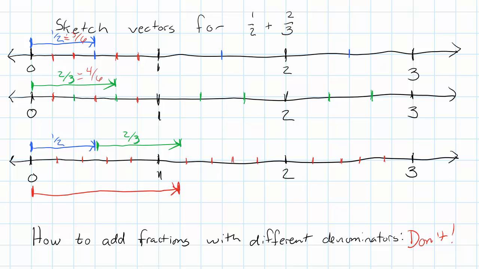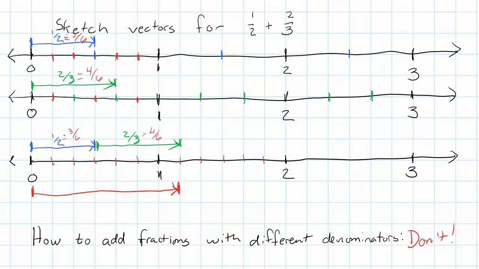On my bottom number line here, I'm going to divide my units not into 5 equal parts, but into 6 equal parts. And then I see that my result vector here corresponds to, counting them out, 7 of these sixths. 1/2 plus 2/3 is 7/6, which the normal way we would find this is by adding 3/6, which is equal to 1/2, plus 4/6, which is equal to 2/3.